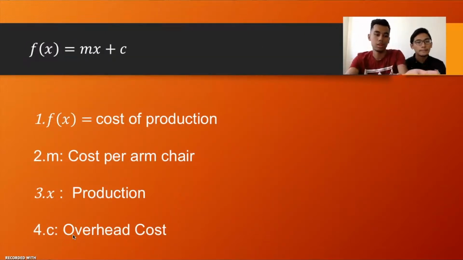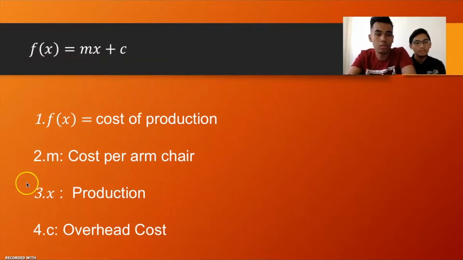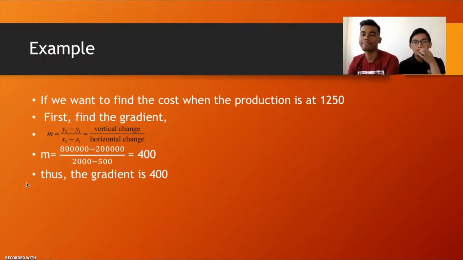The gradient of the graph indicates the cost per one armchair. So for example, if we want to find the cost when the production is at 1250, firstly we have to find the gradient of the graph.